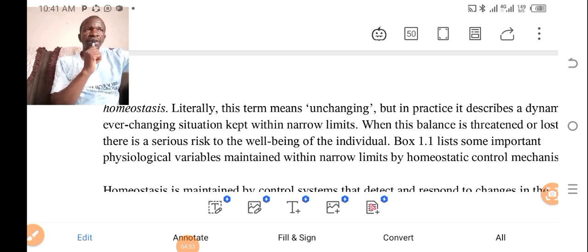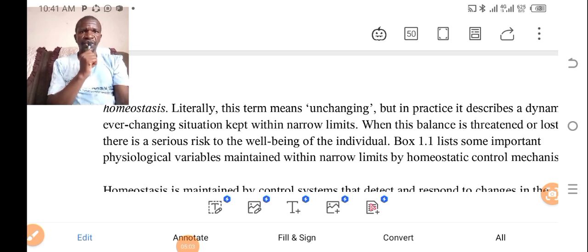For example, if the glucose level goes up, because the normal limits for blood glucose level is 3.5 to 8 millimoles per every liter of blood. These are the normal readings for blood glucose level. And this happens because the internal environment is being maintained by homeostasis.